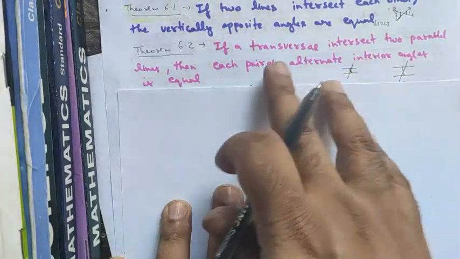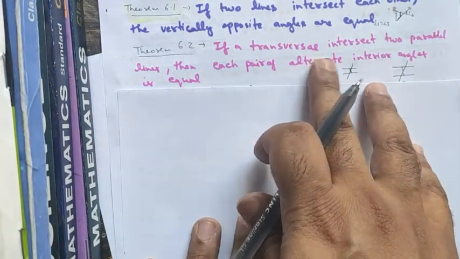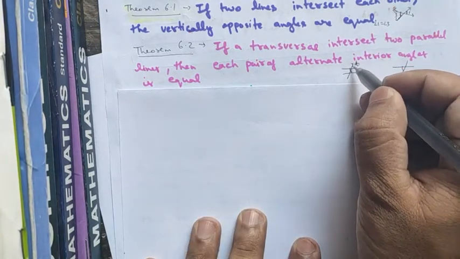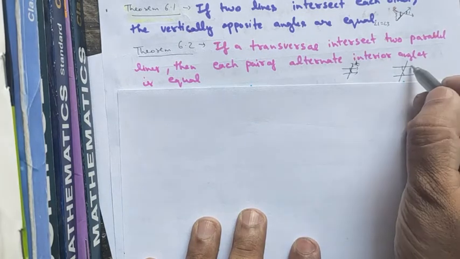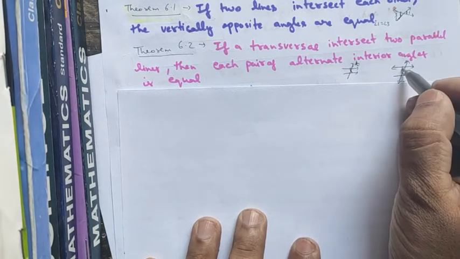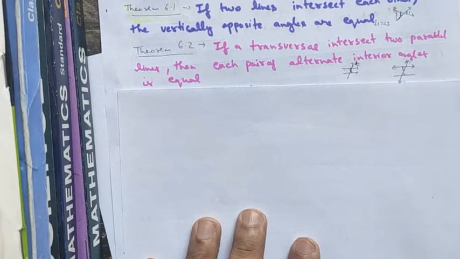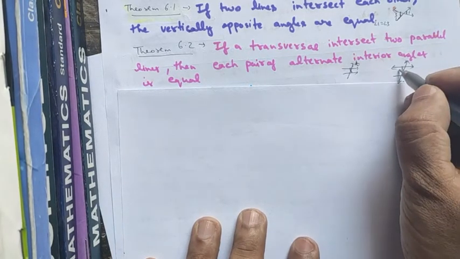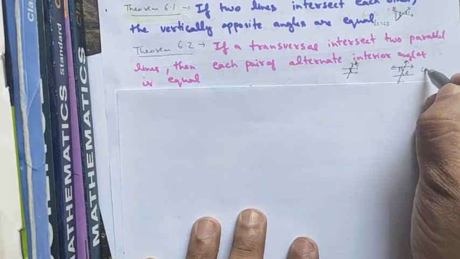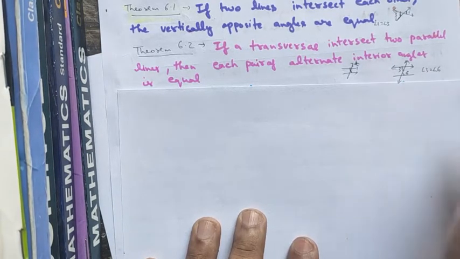Sorry, this is the other one. If a transversal intersects two parallel lines, this is the transversal, it is intersecting two parallel lines, then the alternate interior angles are equal to each other. Suppose this is 3 and 6, so angle 3 will be equal to angle 6.